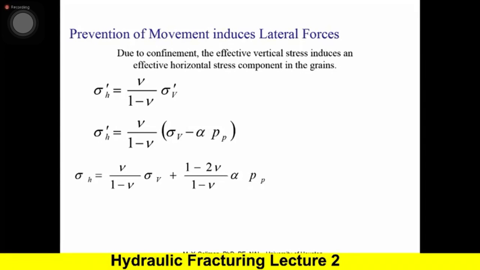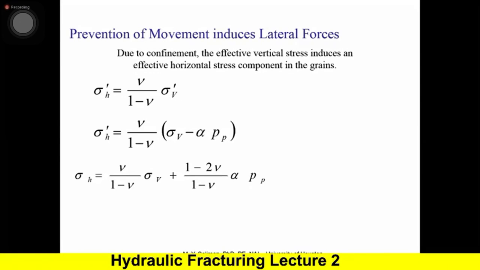Okay, and so you can see Poisson's ratio has to be less than 0.5, because if Poisson's ratio is 0.5, that's saying the stress is transferred horizontally 100%, that the rock cannot carry any stress, which obviously is false. So if the rock can carry some stress, then Poisson's ratio has to be less than 0.5. In sandstone, it may be 0.35 or so. So you can look at it and say 0.35 divided by 0.65, so it's a little bit more than half the effective vertical stress.